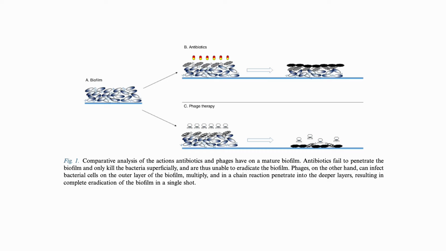In diagram C, the biofilm has been treated with one or more bacteriophage specific for bacterial elements in the biofilm, and you can see that many of the bacteria have been killed, and this, of course, used in combination with antibiotics could in theory be quite effective.